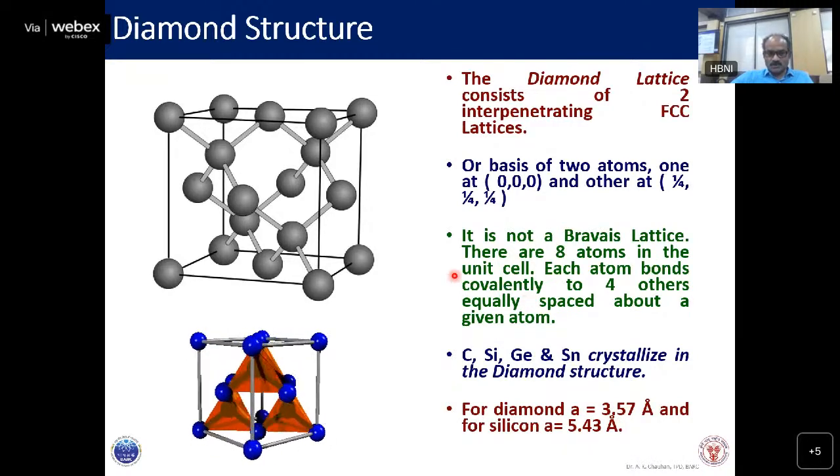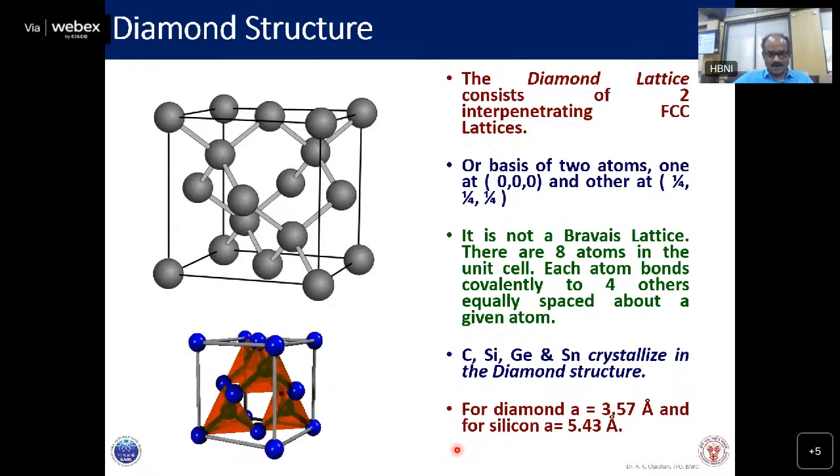Just to differentiate between FCC and diamond: if you remove the atom which is inside this enclosure, then what you get is only FCC. So you have an FCC, and in addition you have an atom inside that enclosure, fixed in between the upper plane and this plane.